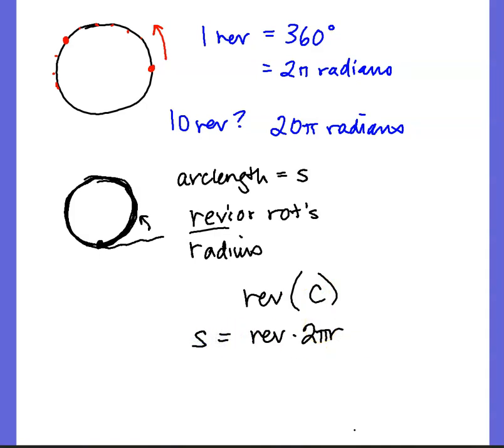Okay. But we could also use, we know radians relate length, right? Because remember, 1 radian is an angle that is opening 1 radius. So if you knew how many radians you rotated, right, the angle, then you could just take that. Each of those radians is a radius.